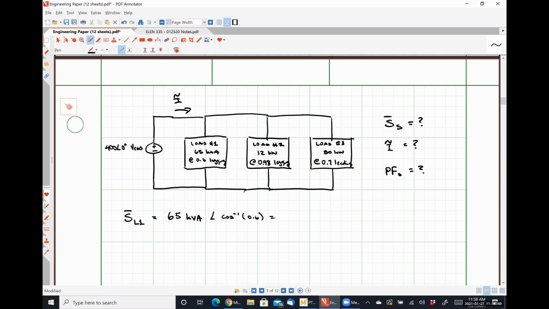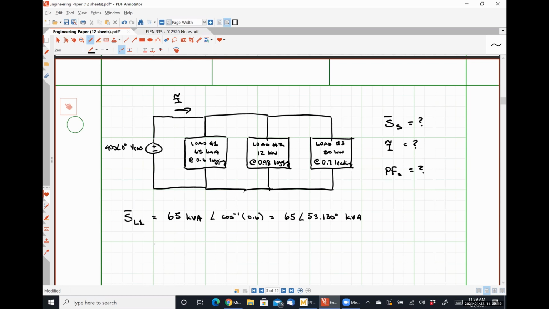So if I throw that into my calculator, I get 65 with an angle of 53.130 degrees kilovolt ampere. Nothing particularly difficult about that.